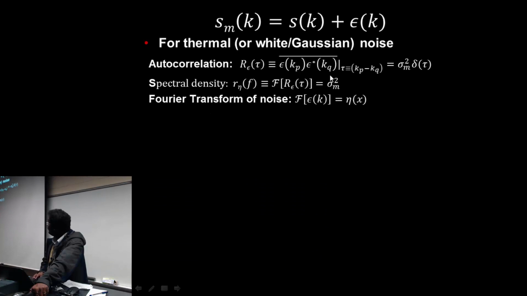The autocorrelation function is this: this is the random noise, and this means the mean value of that, and that turns out to be constant at any value tau. So if you take the Fourier transformation of that, then you basically get an impulse function.